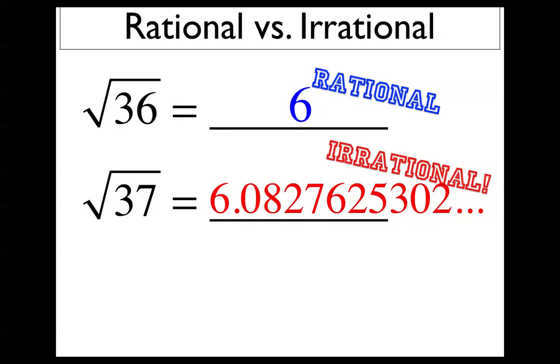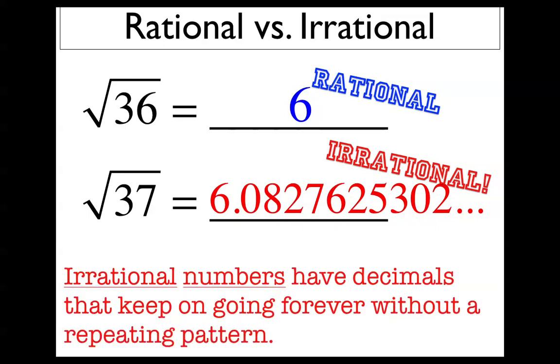An irrational number happens when you try to take the square root of something that isn't a square of something. And you can tell what irrational numbers look like because irrational numbers have decimals that keep on going forever and ever and ever, but they go on forever without a repeating pattern. There's no set pattern of numbers that keeps on going.